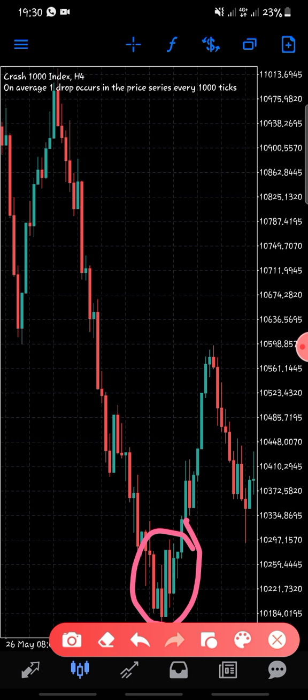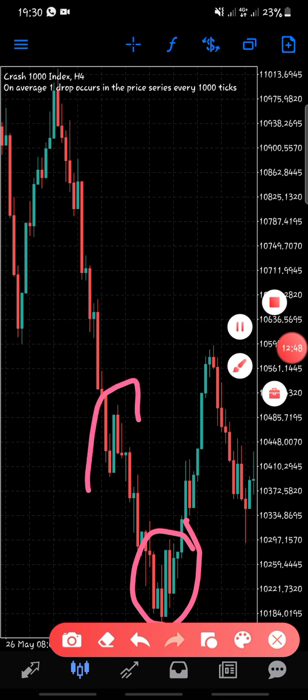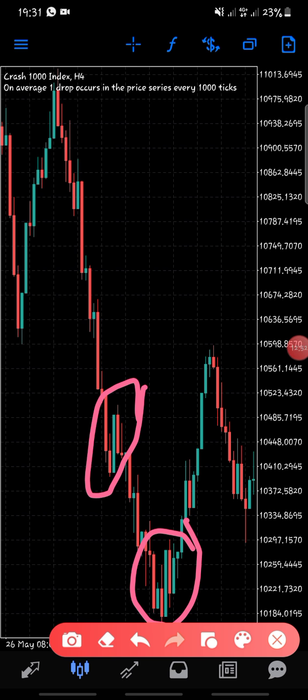Okay, look at something here. This is also an engulfing candle, but what you see here is bearish. That is why you cannot trade only based on engulfing candles. You need some other confluence, but these are just the basics. When you have other confluences, it will make it very easy for you to use these candles. Okay, so that is an engulfing candle.